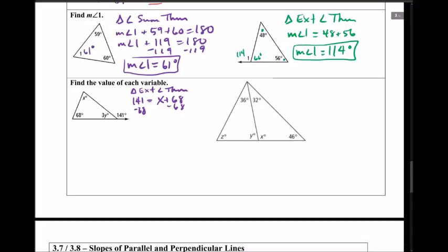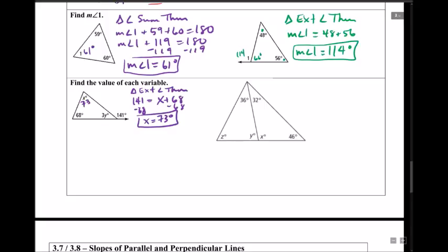And what do I get? 73. Yep, that's right. So I'm going to come over here and I'm going to label that 73 degrees.